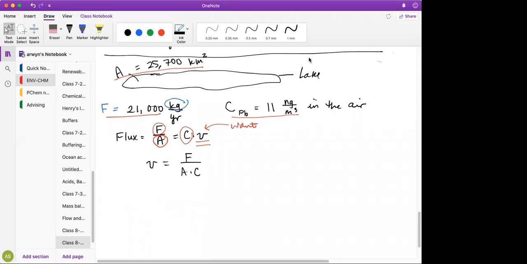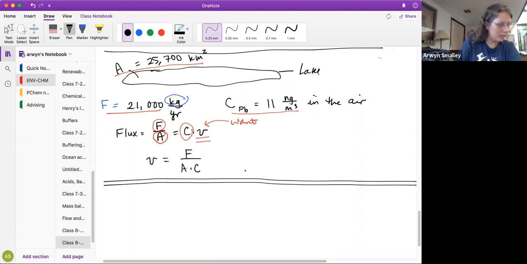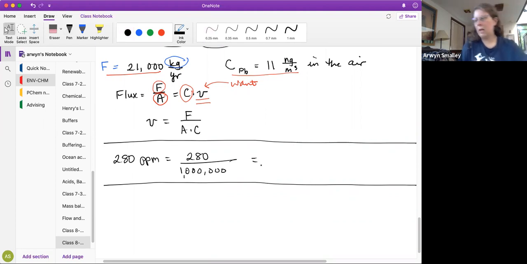All right, so hopefully I did not make a math error, but it's always possible that I did. So I said, if we have 280 parts per million, this is the same thing as 280 divided by a million. So if I multiply that out, I get 2.8 times 10 to the minus 4 as the fraction.